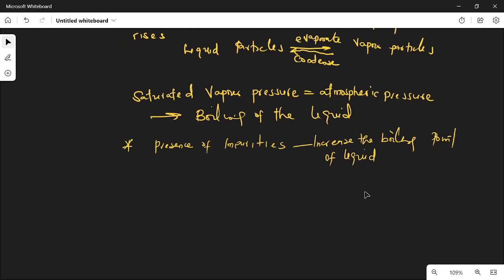Unlike impurities that lower the melting point of a solid, the presence of impurity will increase the boiling point of a liquid. Very, very important. We need to understand that now.